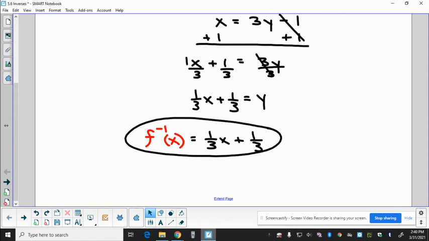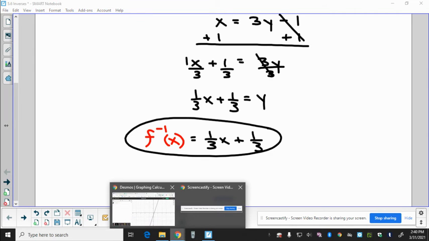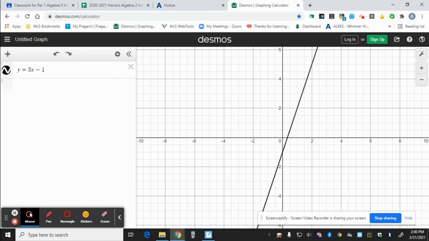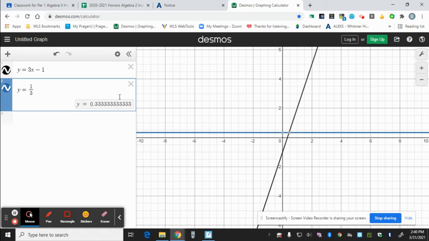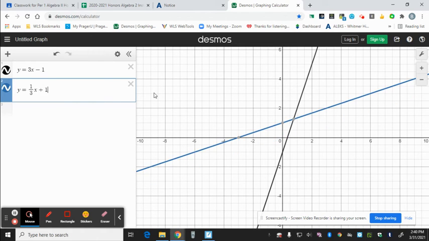And it's 1/3 x plus 1/3. I need to go to my keyboard to do this, so hold on a second. So y equals 1/3 x plus 1/3.